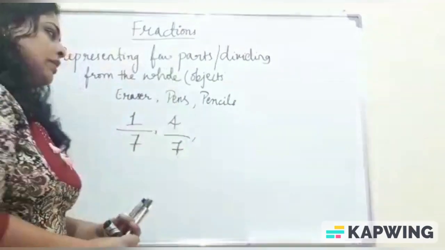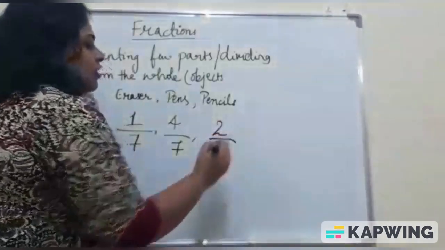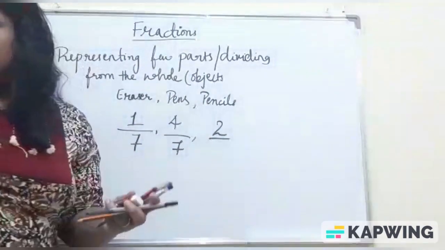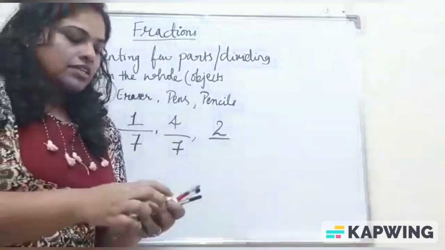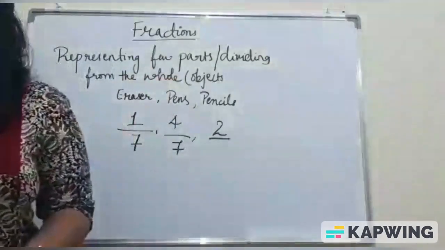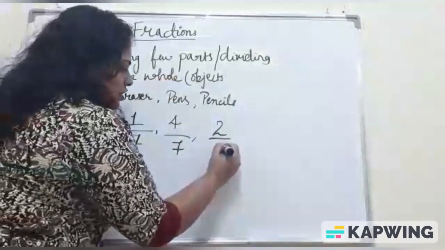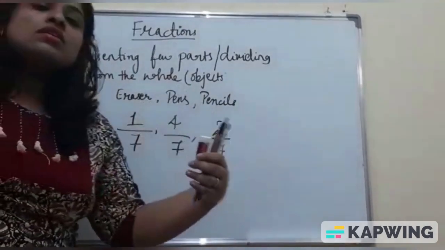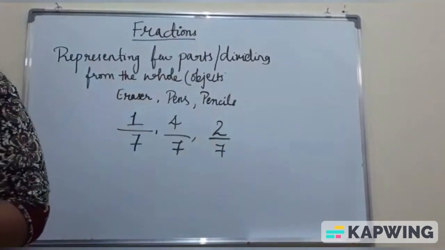I have only 2 pencils, out of 7 stationery items. That is 1, 2, 3, 4, 5, 6, 7. Yes. So I have 7 stationery items. This is how you take fractions from normal stationery items.